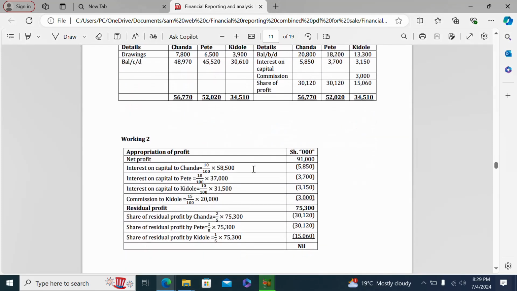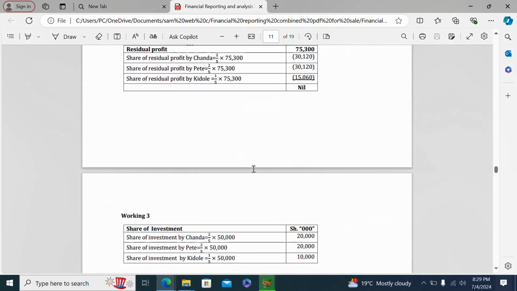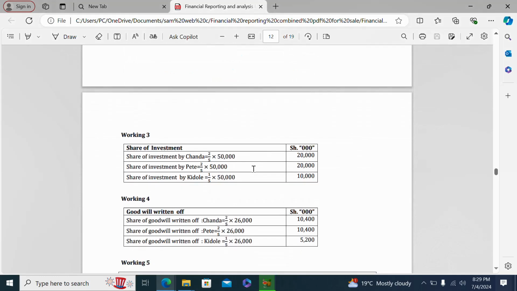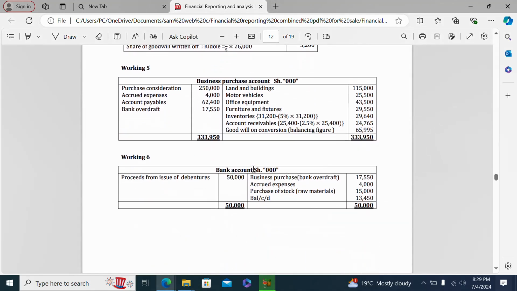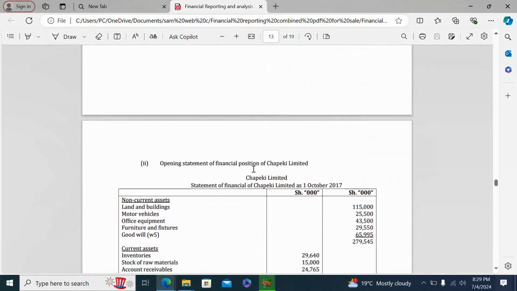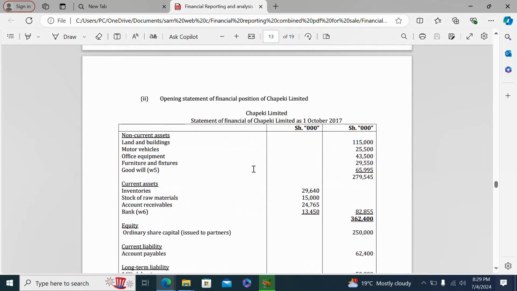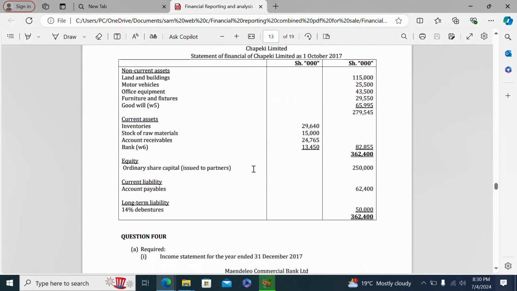Then working 2, appropriation of profit. And then working 3, working 4, working 5, working 6, and the opening statement of financial position of Japeg Limited. It is there.